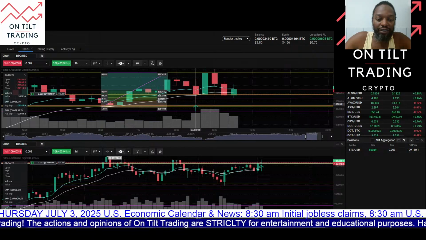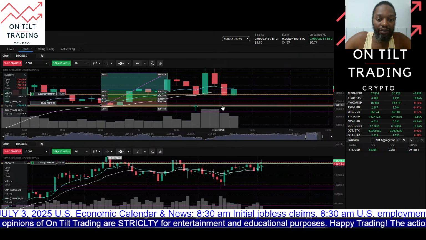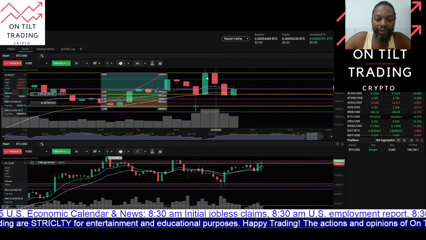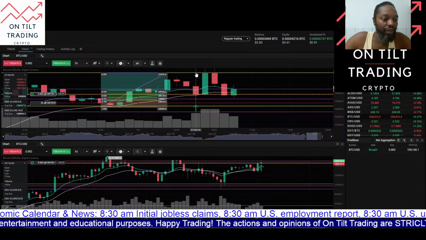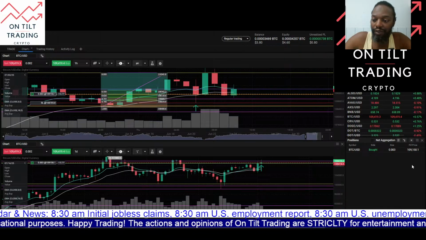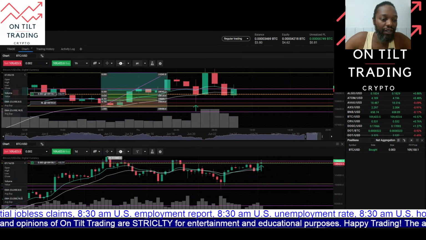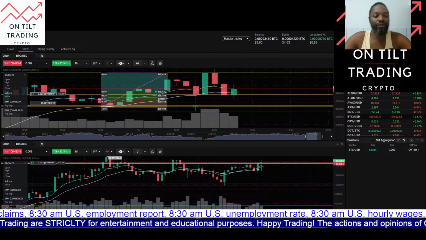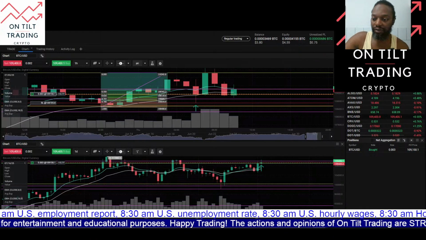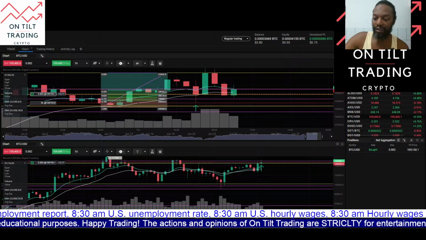So I moved my stop up to this level, you can see here. This candle's low is 108,706, and my stop, you can see here, is 108,705.8. So again, a 20-cent stop loss here on a 10-cent spread.